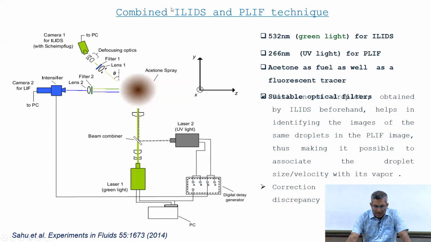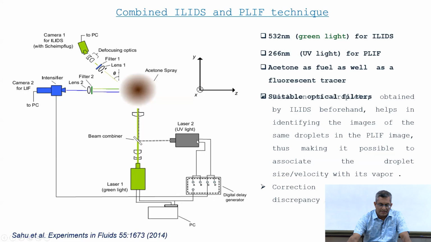So, similarly, eyelids can be combined with LIF, as I also mentioned in the previous class, for measurement of vapor concentration around the droplets along with the droplet characteristics. In this case, as you can see here, two different lasers are used.